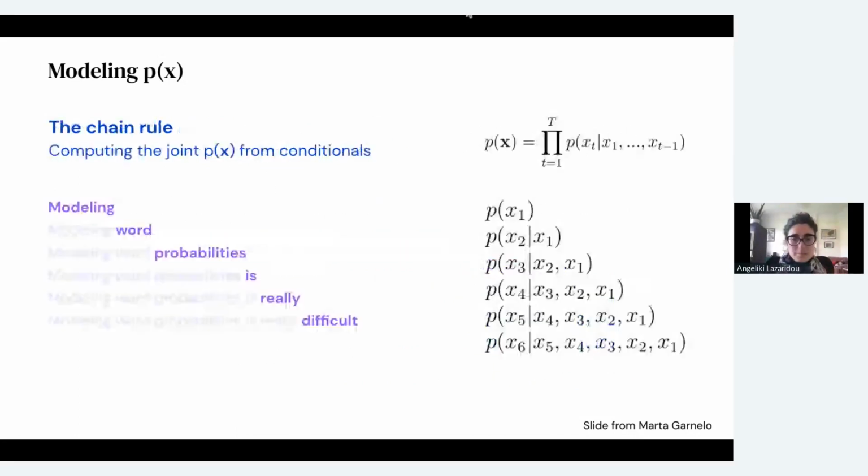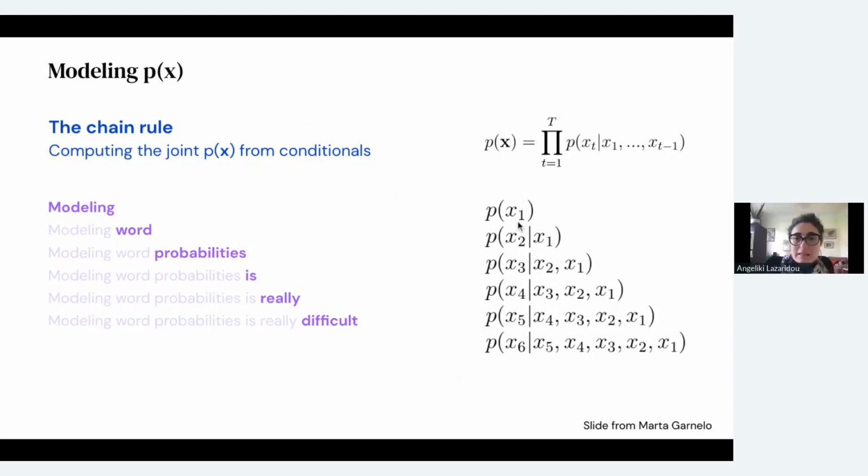Now, this already starts becoming more complex because it's not just about counting single words, but we have now a joint probability in our hands that we need to estimate from conditional probabilities.